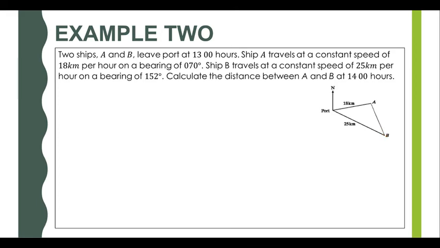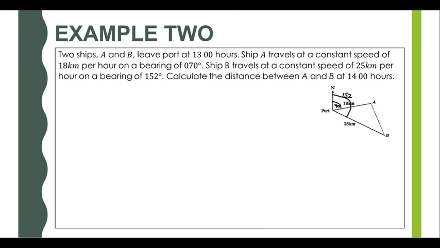We are told the bearings that each ship travels on. So the first ship, ship A, travels on a bearing of 70 degrees, which is the distance measured round from the north line. And ship B travels on a bearing of 152. So again, the distance travelled from the north line. So that total angle there is 152 degrees.